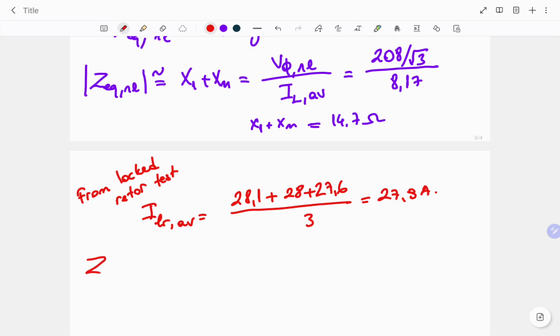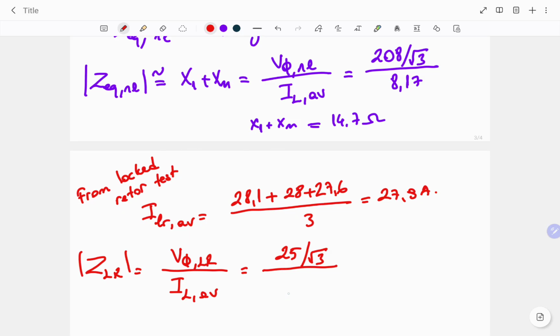What about the impedance? The blocked-rotor impedance magnitude can be calculated by dividing the blocked-rotor voltage by IL average. The terminal voltage is given as 25, and we have a Y connection, so I will divide by square root 3, and the current is 27.9.